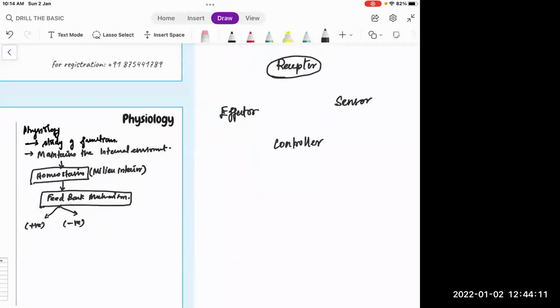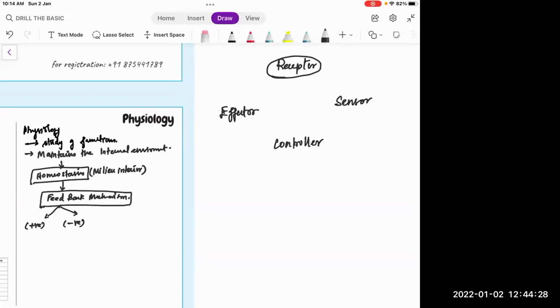This receptor is the one which is going to receive the signals from our body, from all the cells and the tissues, wherever it is. This receptor will sense the happenings in those regions.